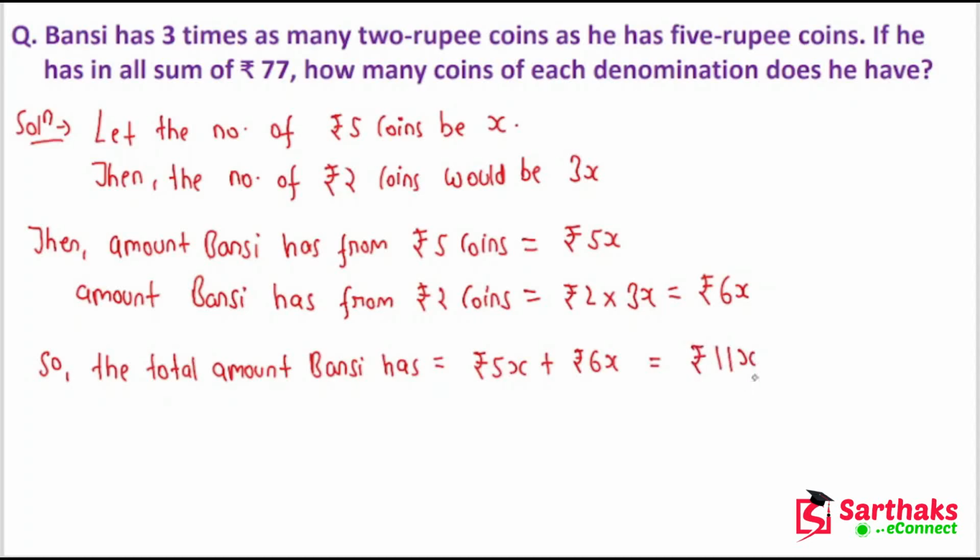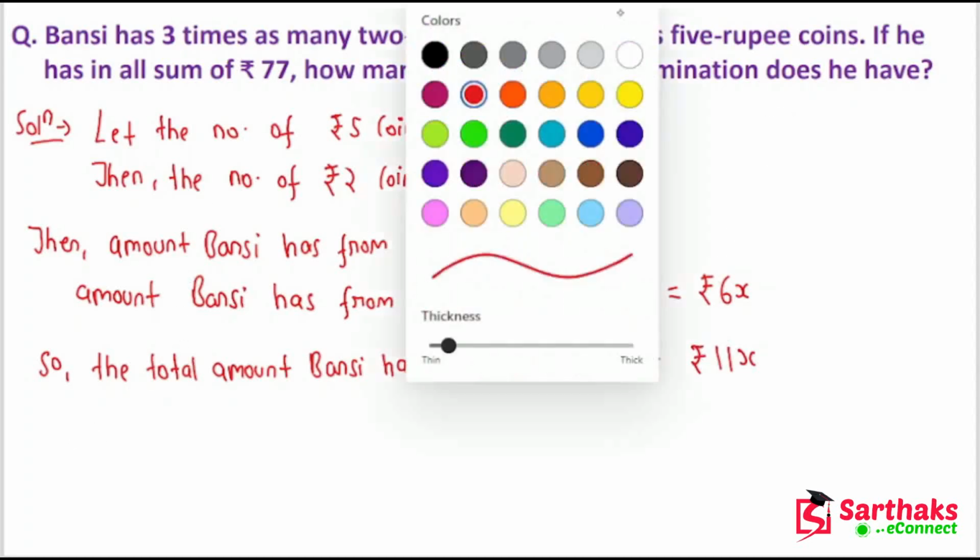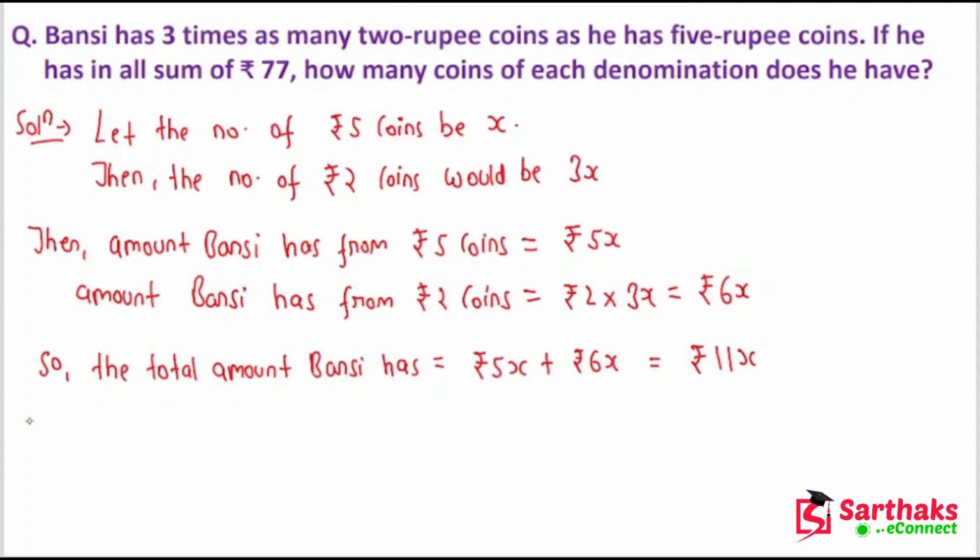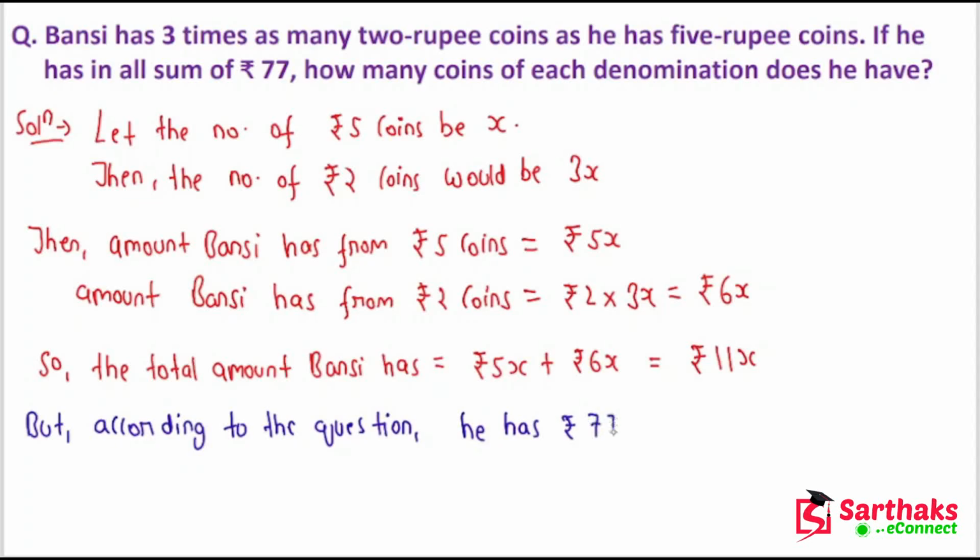So he has 11x rupees, but according to the question he has rupees 77 with him. So what does this simply mean? That our 11x is nothing but 77.